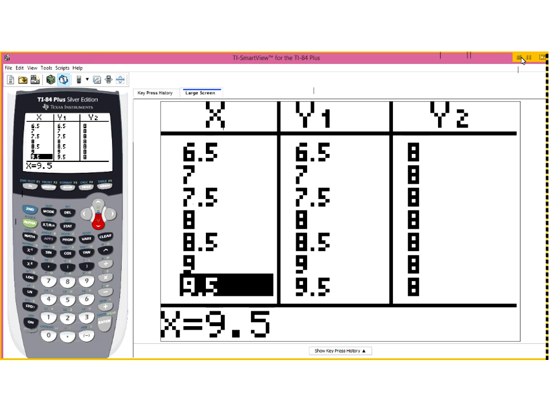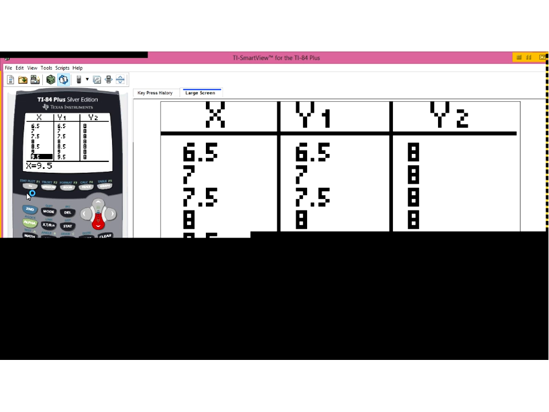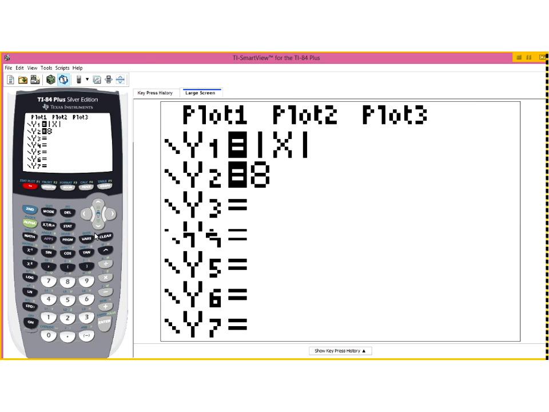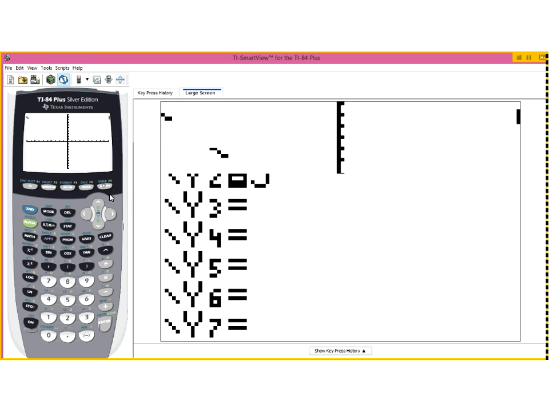Now I'm going to go to the calculator, and I'm going to enter the new one. So it was the absolute value of x plus 1. And then the right-hand side is 5. So I hit graph.